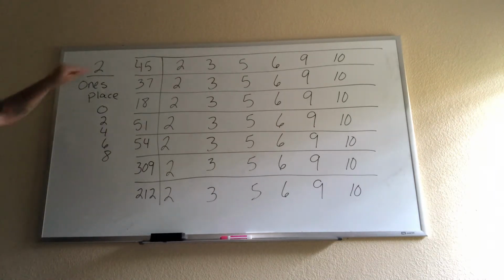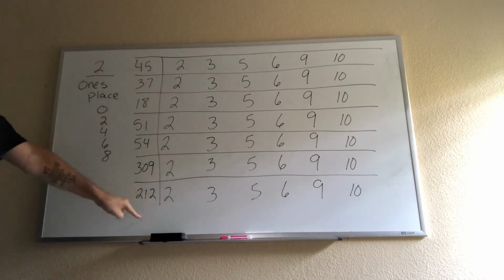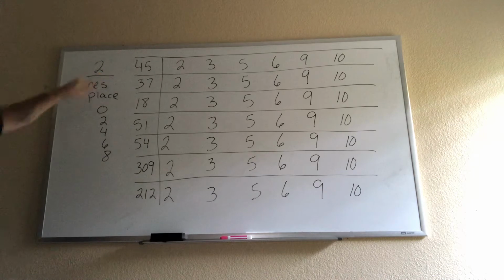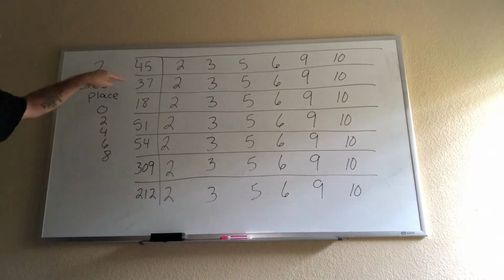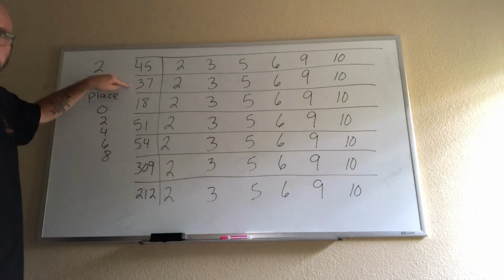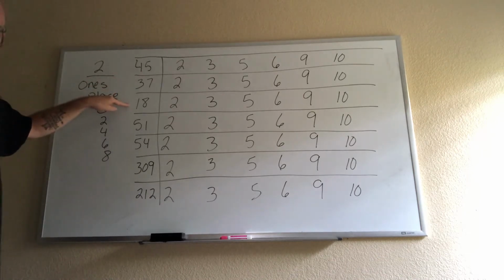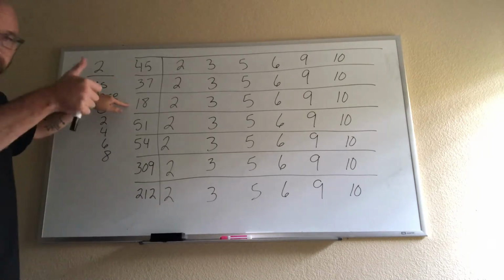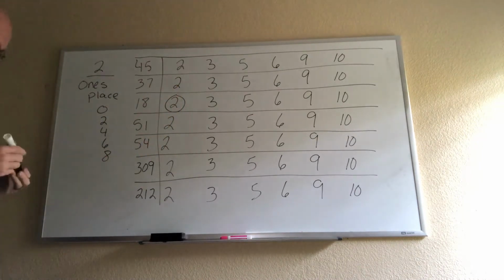So, we're going to start with 45. We're going to go through all of our 2s. Does 45 have one of these in its 1's place? Thumbs up or thumbs down? Thumbs down. Does 37 have one of those in its 1's place? Thumbs down. Does 18? Yes, thumbs up. So you should have a check in that box.